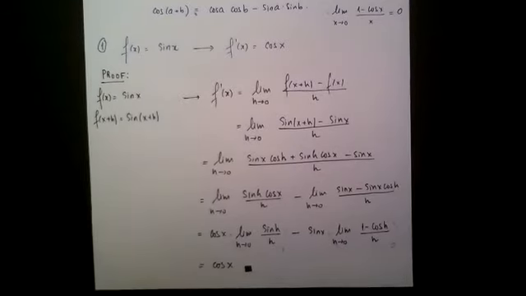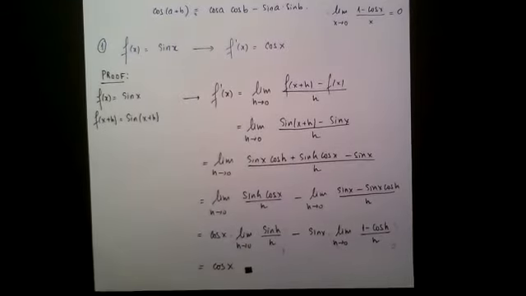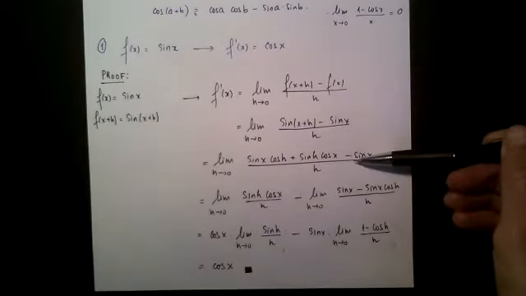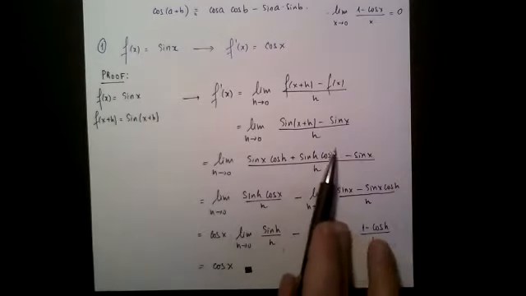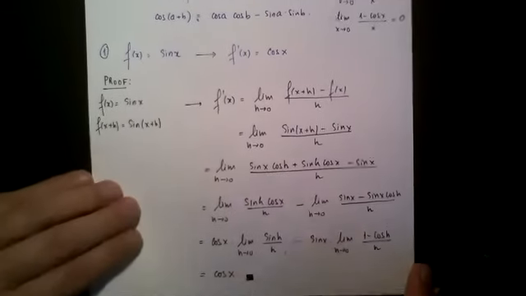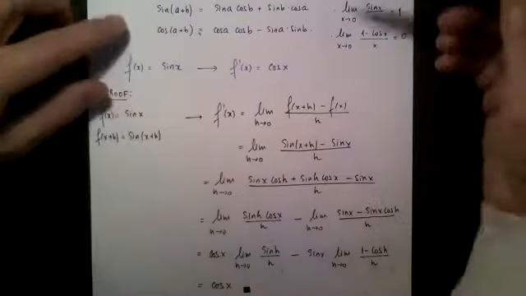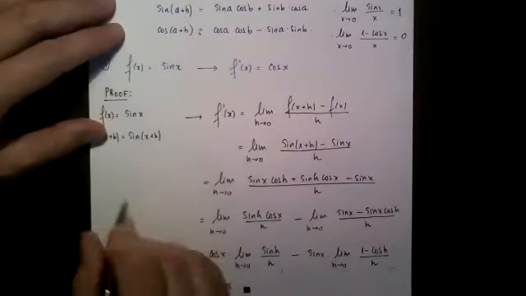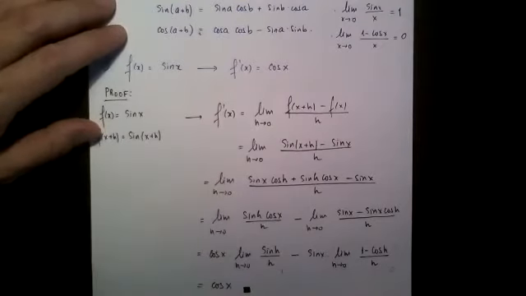Can you just repeat the point where you got sine x cos h? The third line. How did I get this here? So this comes from this identity here. Let me write it here.